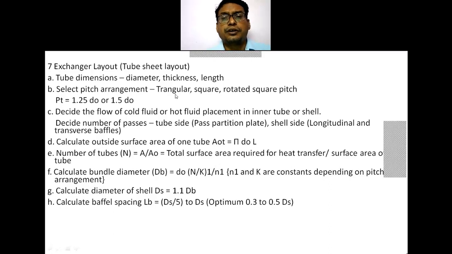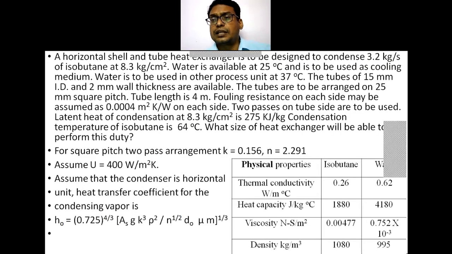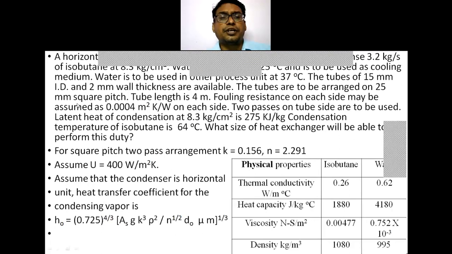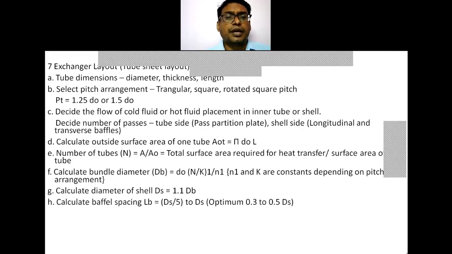Then select the pitch arrangement: a triangular pitch, square pitch, or rotated square pitch, with a pitch which is 1.25 times the DO or 1.5 times the DO. In this numerical, this data is also mentioned. The tubes are arranged on a 25 millimeter square pitch. So a square pitch arrangement with a 25 millimeter pitch is already mentioned.